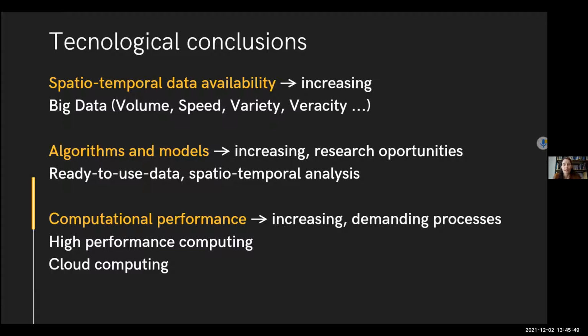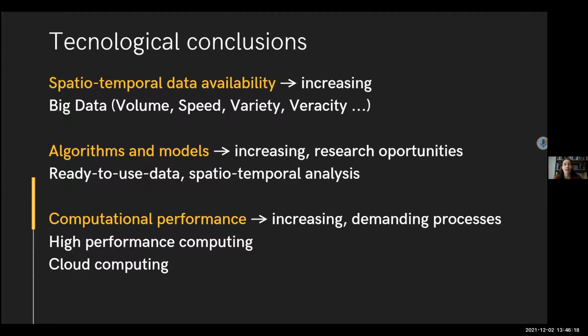And also, from the spatial temporal analysis, even if we have some algorithms, these two dimensions still need to be more integrated. And as a third conclusion, from the computational performance, even if the performance of the computers is increasing, all these processes are very demanding.